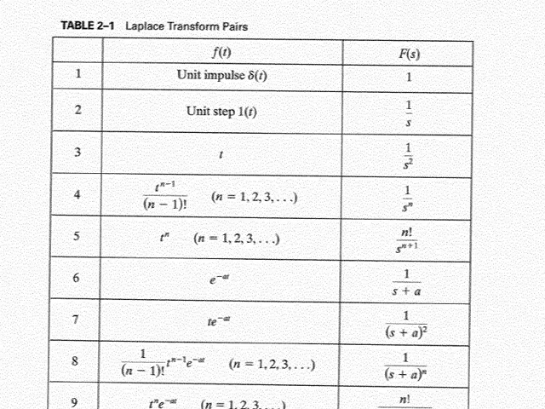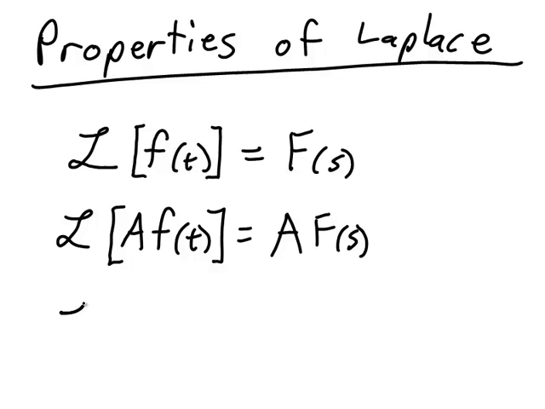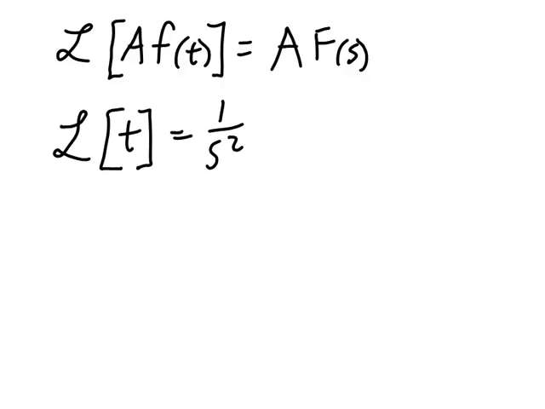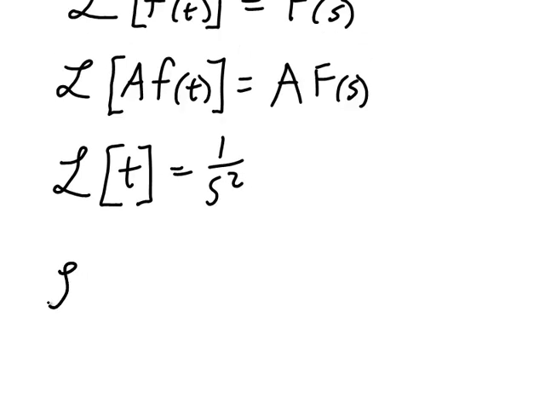Here I'm showing the Laplace transform table. From this table, we look at line 3, and we see that the Laplace transform of the variable t is 1 over s squared. I'll write that like this: the Laplace transform of t is equal to 1 over s squared. Now, let's suppose that we were trying to take the Laplace transform of, say, 5t.